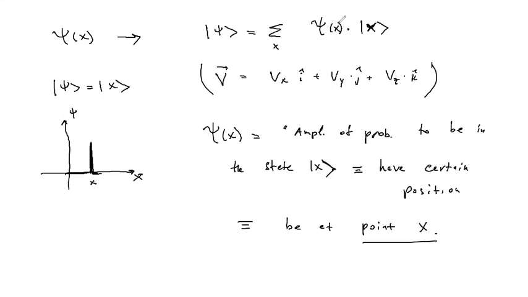It means that if you have this combination or superposition, you don't have a certain position, your particle is at all these positions at the same time with different probabilities. Instead of having a certain position, your particle is everywhere. But you have different probabilities.